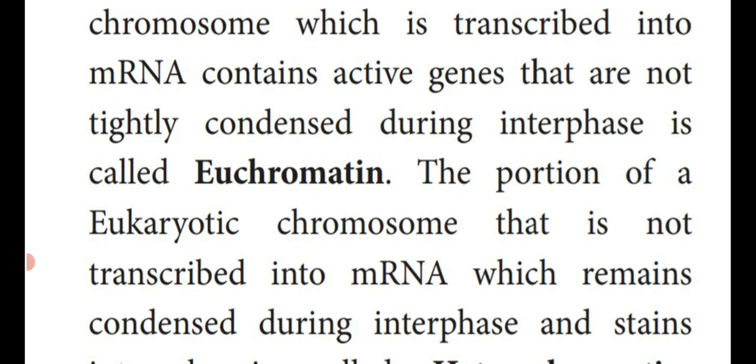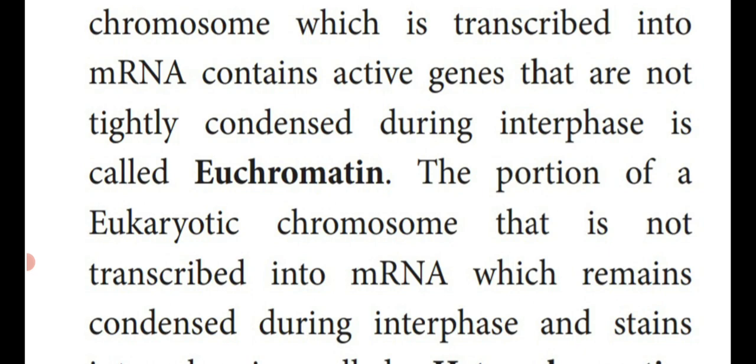The other one is the portion of the eukaryotic chromosome that is not transcribed. The first one is transcribed into mRNA, contains active genes and is not tightly condensed, that is euchromatin.